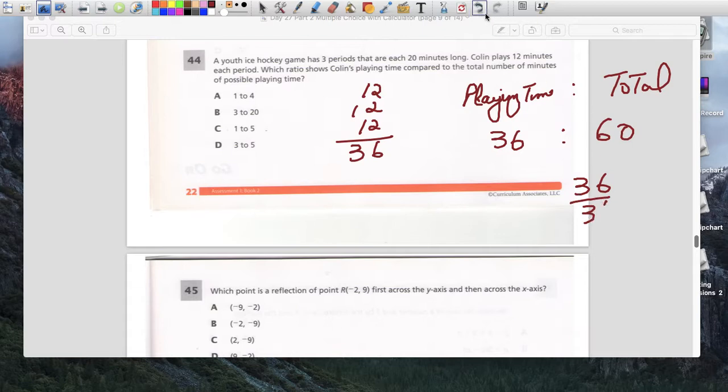We can divide by 6, which is 6 to 10. Is there anything that looks like a 6 over 10? No. Let's simplify that even further. Divided by 2 and divided by 2, I get 3/5. And there's something that looks like that, which I should have done initially by just simplifying by 12.